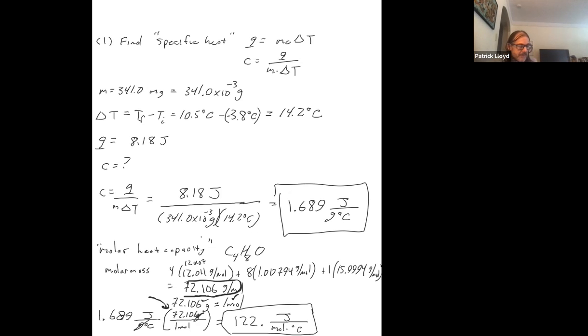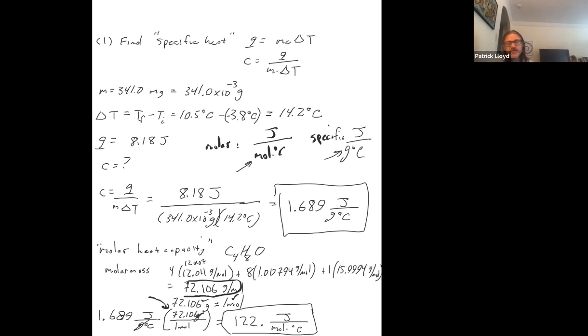So molar heat capacity, molar, should be in joules per mole degree C. Specific should be in joules per gram degree C. Mass in the denominator as opposed to moles in the denominator.